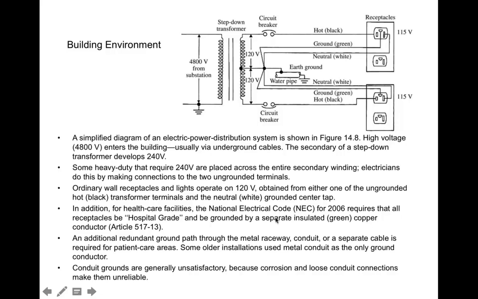wiring and outlets are done using 3 terminal outlets, and they've got this separate wire. So you have your hot wire, which is black, and you have your neutral wire, which is white. And if you live in an older home, you may have a receptacle that only has 2 plugs, one for hot, one for neutral.